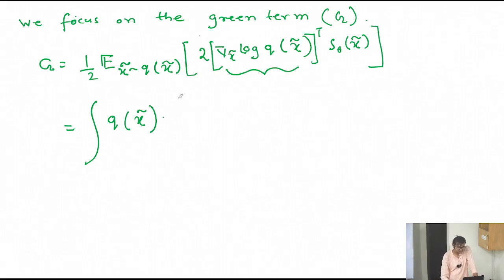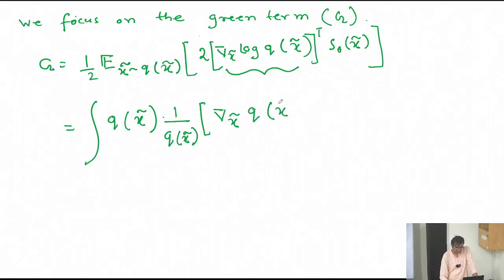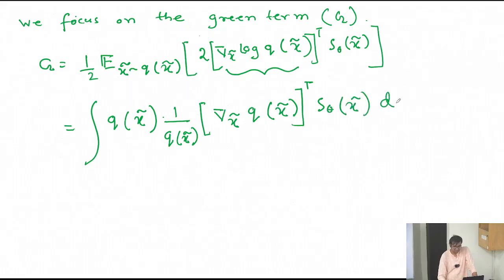This will give you gradient of x tilde q of x tilde, transpose s theta x tilde dx tilde. Simple. This cancels out.